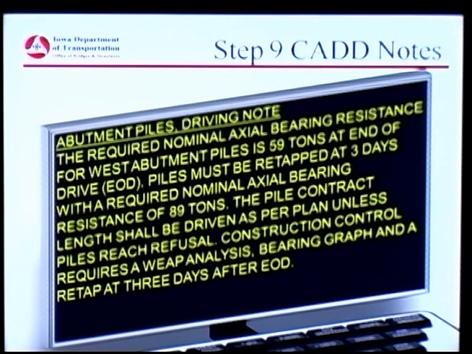If you plan to retap, you see the pile must be retapped. You see the driving notes? The pile must be retapped because you specify that you require retap at 3 days with a required nominal axial bearing capacity of 89 tons. It's not 59, but 89 tons, because of the setup. The contract length shall be driven as per plan unless piles reach refusal. Construction control requires a WEAP analysis, bearing graph, and retap at 3 days after end of driving. All right?